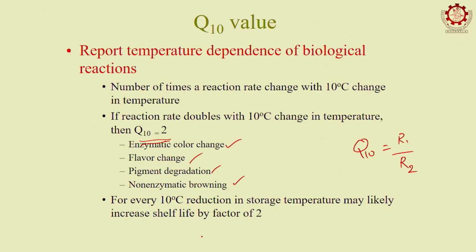Some of these choices are based on chemical deterioration, nutrition, texture change, color change, or microbial growth, and then you can use this for shelf life testing or estimating the shelf life.